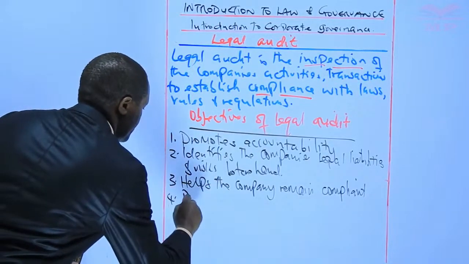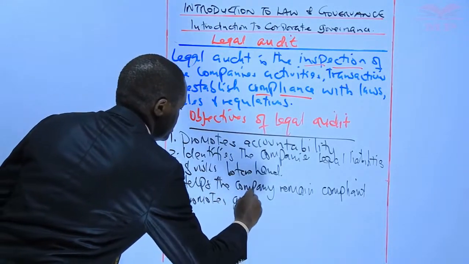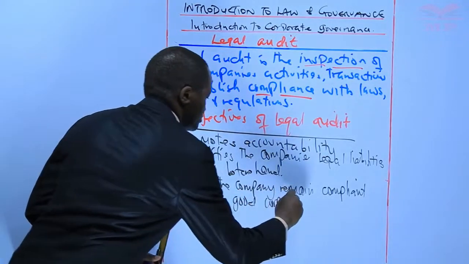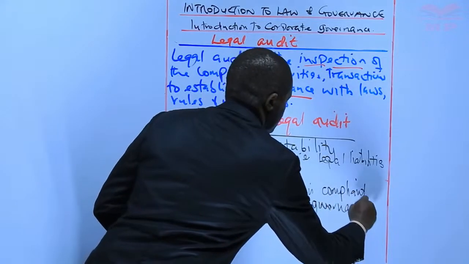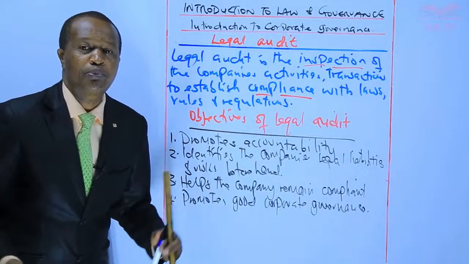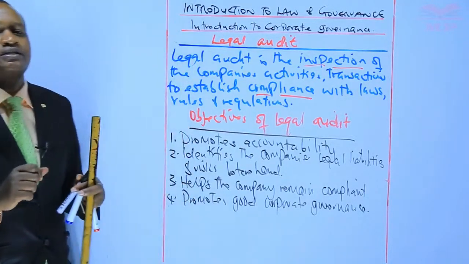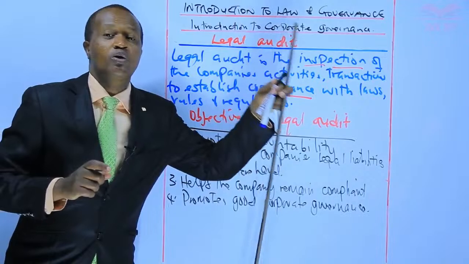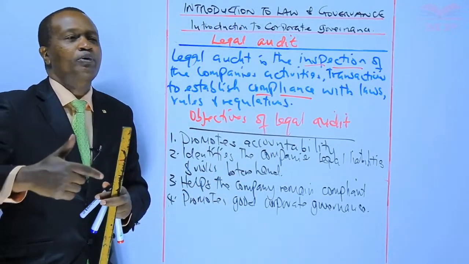Number 4, it promotes good corporate governance. A legal audit promotes good corporate governance, both by identifying the weaknesses and deviations from the law and regulations, and by assessing propriety.